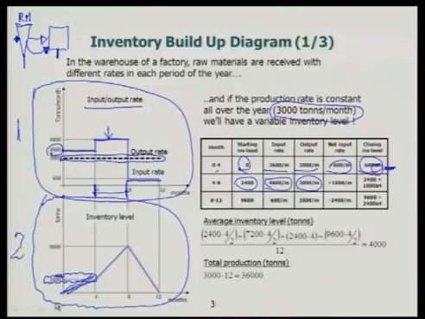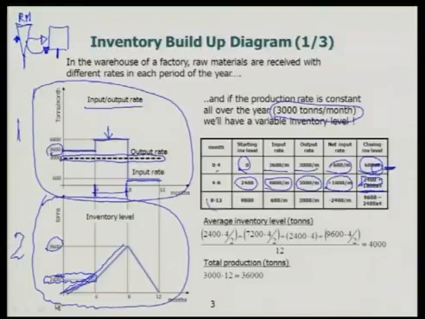So the net input rate is 1,800 tons per month. So the inventory continues growing, and you see it grows up to 9,600 tons, which is the sum of 2,400, the initial inventory level, and 1,800 times 4 months, which is the net input rate multiplied by the time interval.